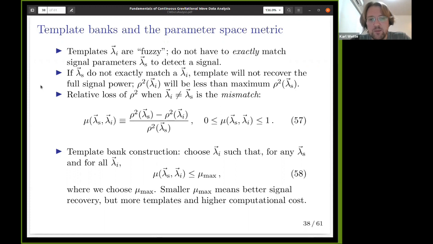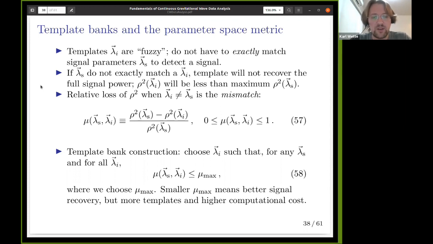So how we actually build our templates is we choose our lambda i in such a way that for any signal we have in the data, so whatever parameters there are, we can always find some template, lambda i, where the mismatch between that template and the signal is less than some maximum.